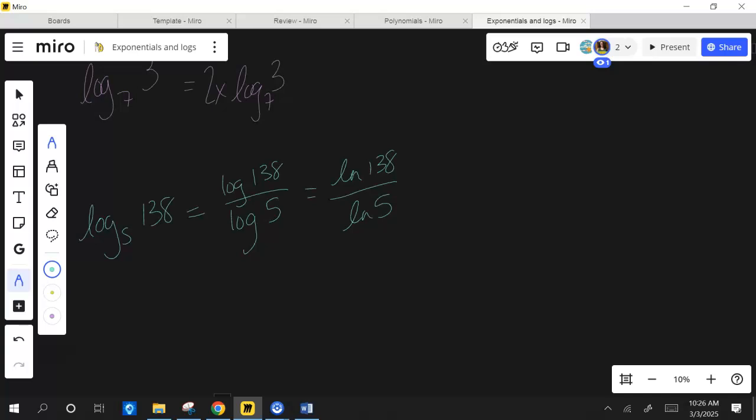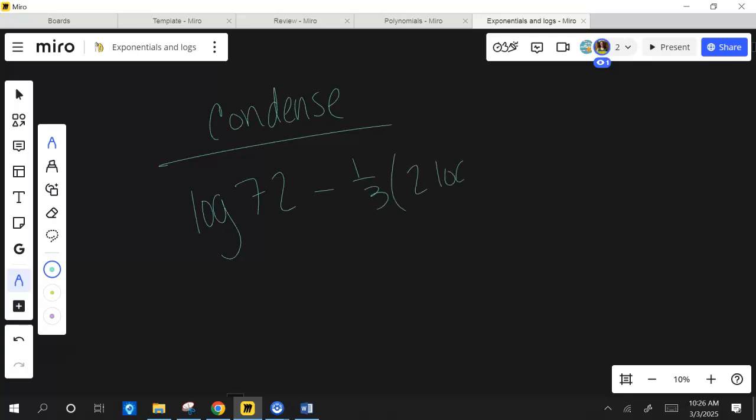Let's do one condensing and one expanding where we pull all the properties together. Condense down to 1 log.